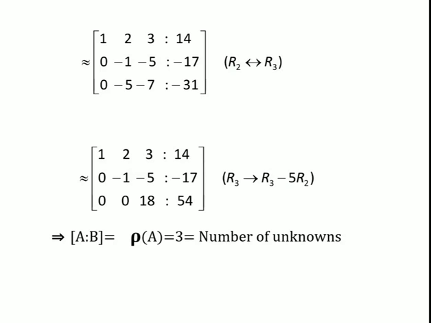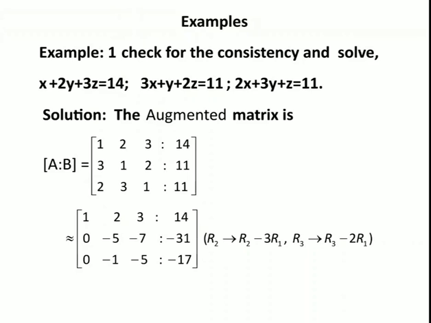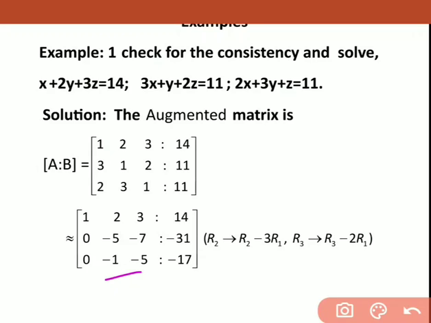If you interchange these two rows, then the second row starts with minus 1, so that it becomes easy to make the elements below it 0. That is why we have interchanged R2 and R3: here we have minus 1 and here we have minus 5, so that we can make this minus 5 into 0 very easily.